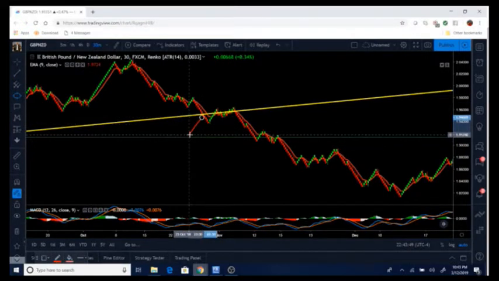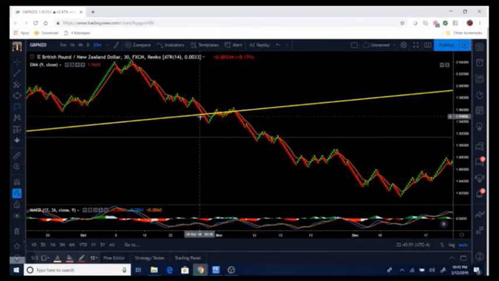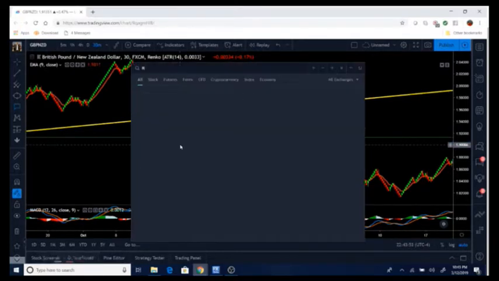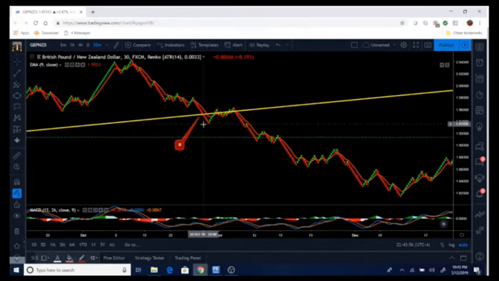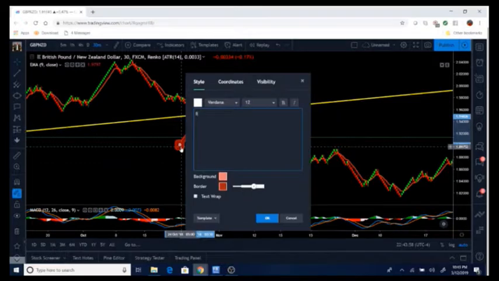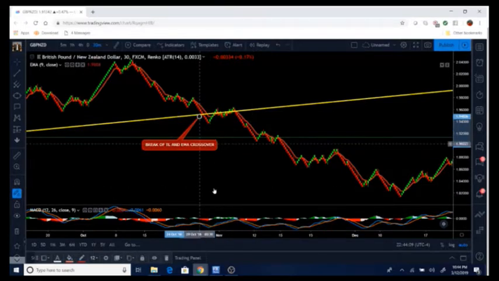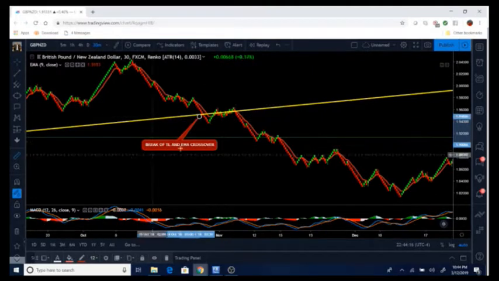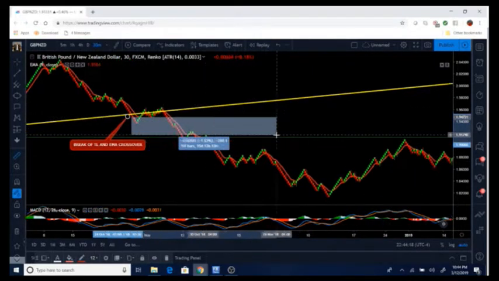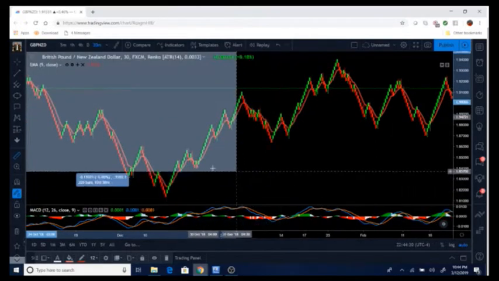I got my break of trend line and EMA crossover. Not only that, you're already within the directional change on your MACD. So now all confirmations are met. I can literally ride this all the way down.